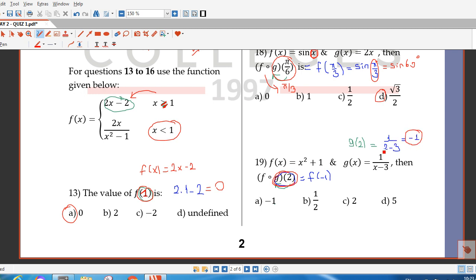It is the value of the interior function. And then my question becomes f of negative 1. And in the function f, instead of x, I have to write negative 1 squared plus 1. 1 plus 1 is 2. That is the answer to question 19.